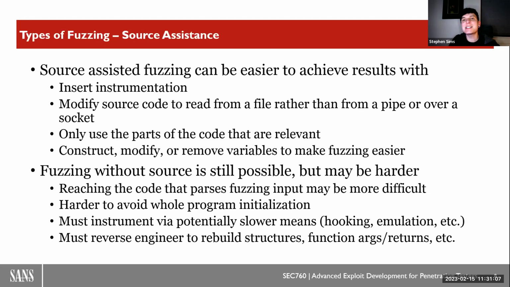So source assisted fuzzing allows us to do something called instrumentation. Instrumentation is when we compile the code and insert something called code execution marking. What that typically does is records information when a line of code is executed.